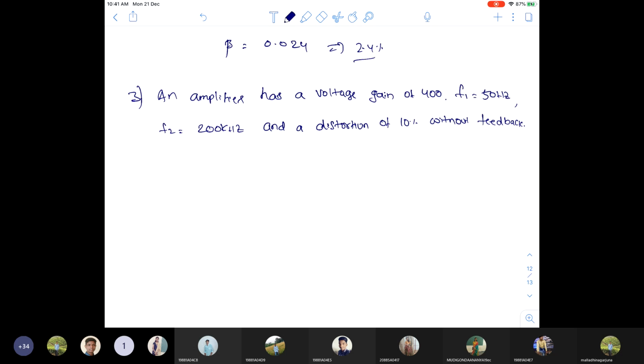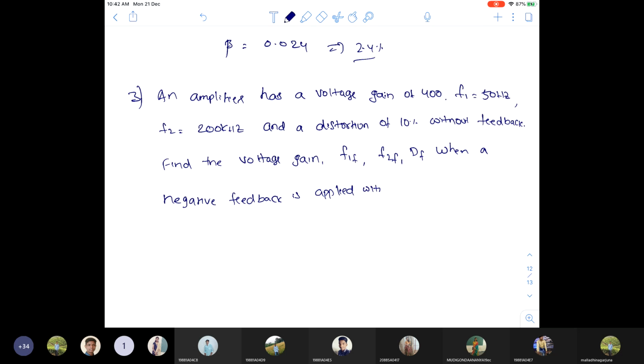Find the voltage gain, F1F, F2F, and DF when a negative feedback is applied with a feedback ratio of 0.01.